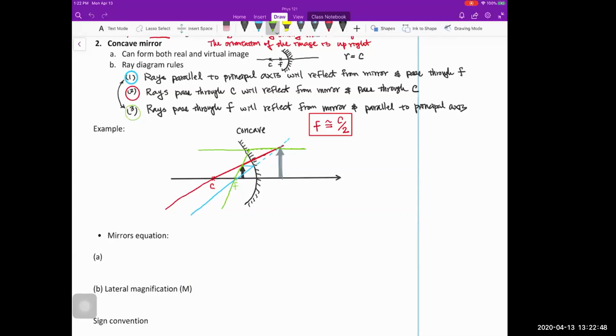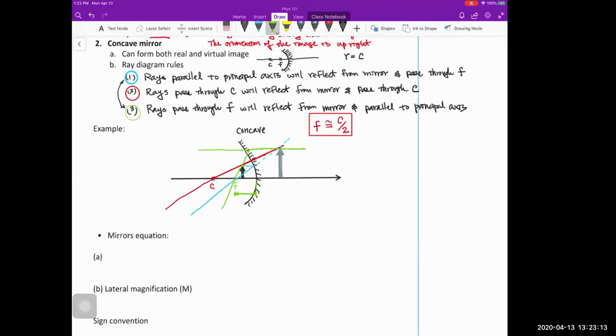Okay. Now over here, let me define several things. This F is the distance from this place to this place, from where your mirror is to the point where all the light will concentrate if you use the parallel line.